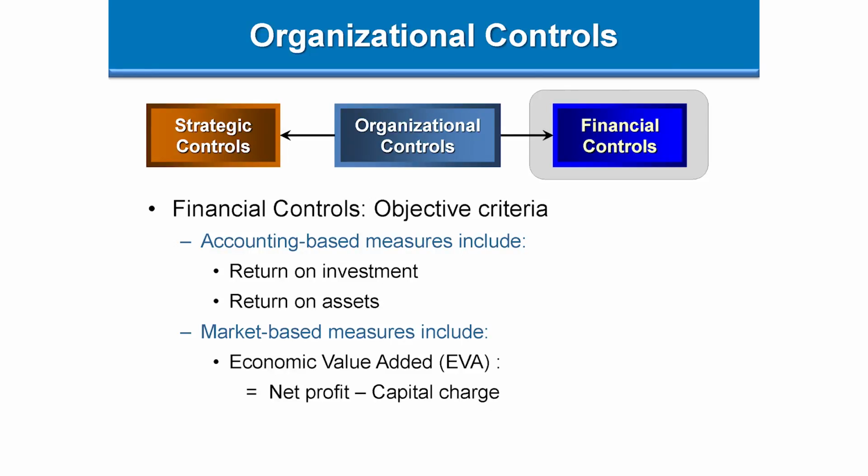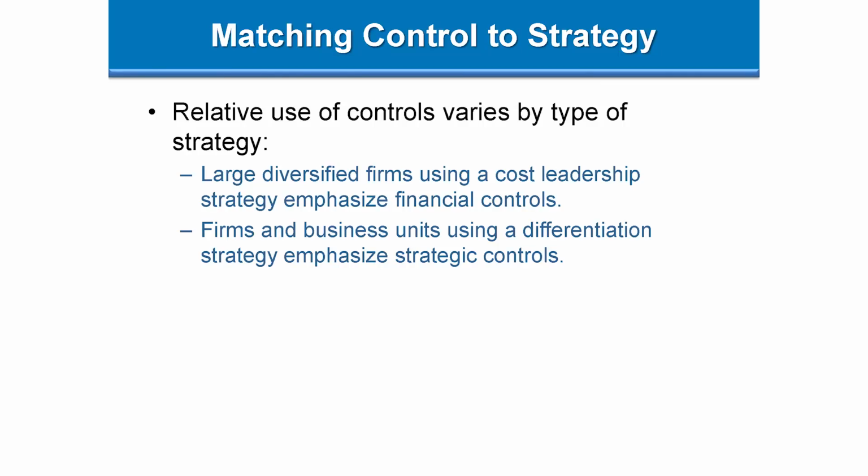The other is financial controls. Financial controls are more objective criteria intended to verify the firm's accounting-based performance, such as return on investment or assets, or market-based performance such as economic value added, which is calculated by subtracting capital charge from net profit. Firms may match those control systems to the firm's strategy.